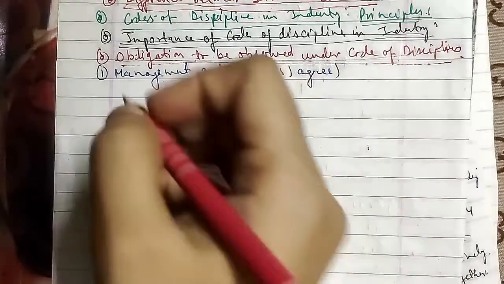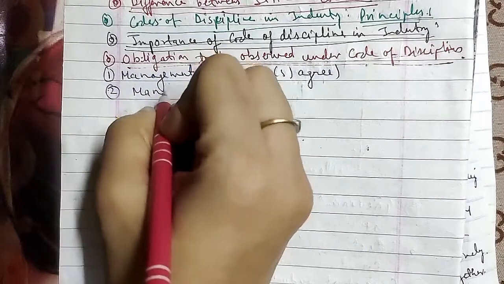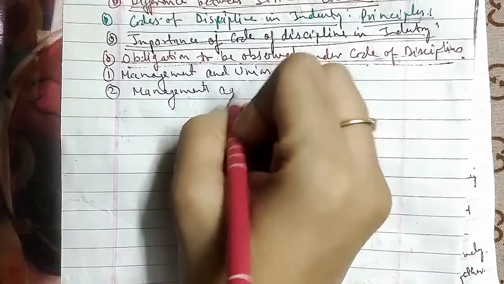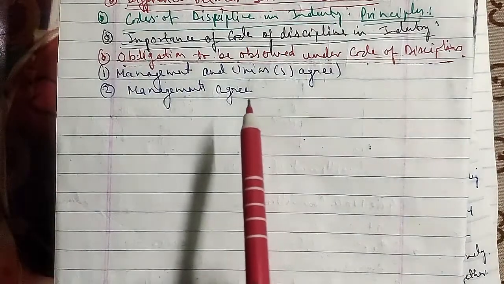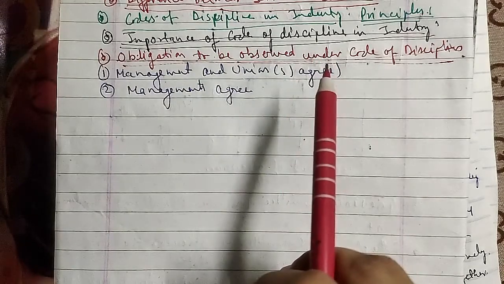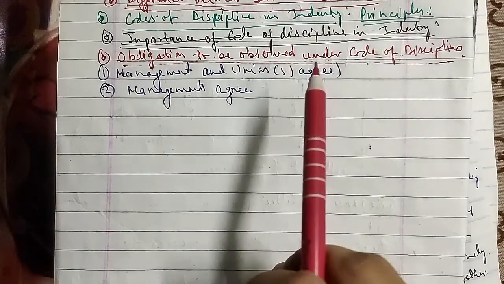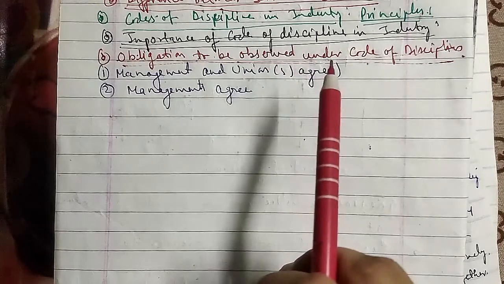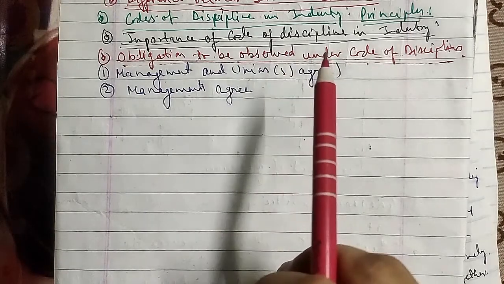The second is what management agrees. Management agrees not to increase workloads unless agreed upon or settled otherwise, and not to support or encourage any unfair labor practice such as interference with the right of employees to enroll or continue as union members, discrimination, restraint or coercion against any employee because of recognized activity of the trade union, and victimization of any employee and abuse of authority in any form.